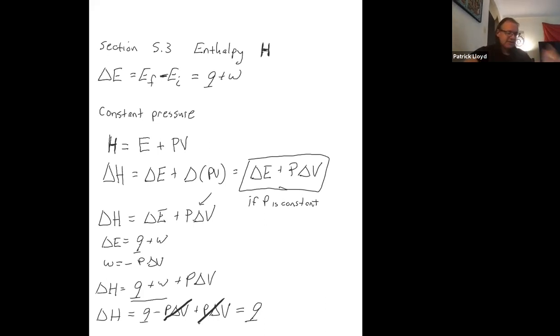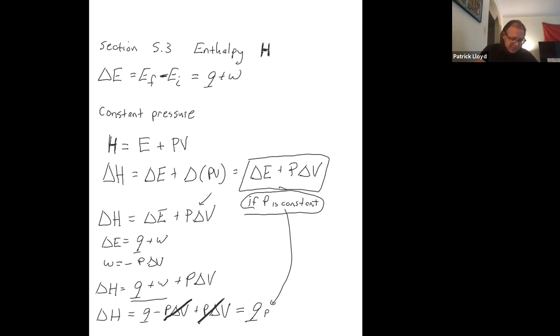And if we're at constant pressure, and I'll put a little P here to indicate that it's at constant pressure, then instead of calculating delta E, the change in internal energy, I'm going to alternatively calculate the change in enthalpy, delta H. So enthalpy is useful for systems that are at constant pressure, okay?